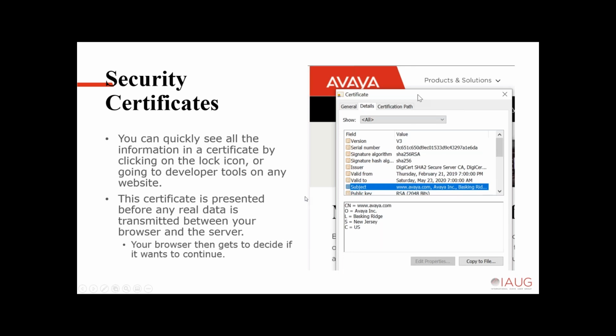Again, this certificate is presented before any real communication is transmitted between your browser and the server and back and forth. The neat thing with certificates is that once the server presents the certificate to you, your browser then gets to decide if it wants to continue. And this is where a lot of communications fail.